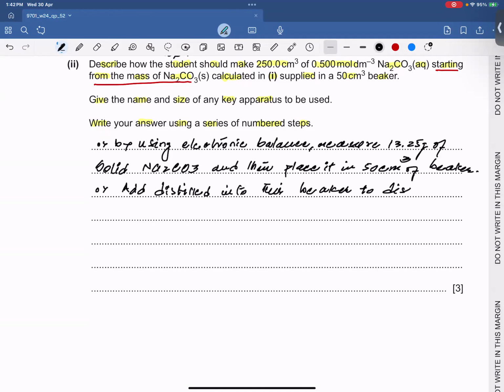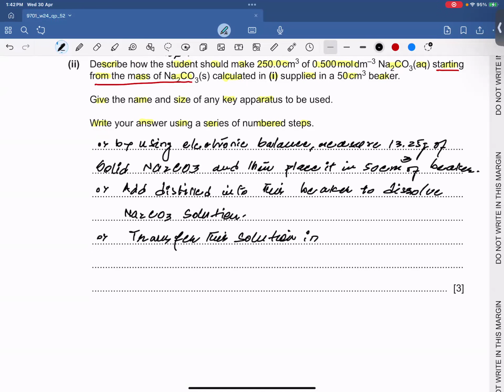Dissolve the sodium carbonate, then transfer this solution into a 250.0 cm³ volumetric flask.